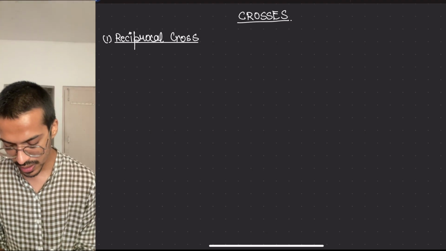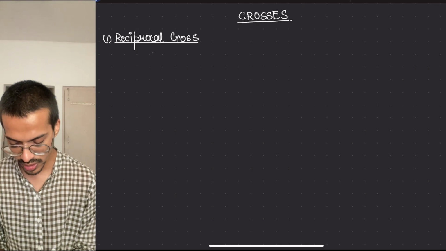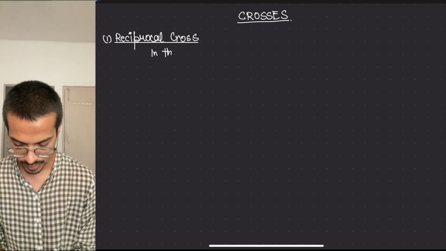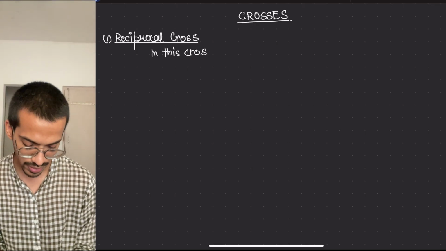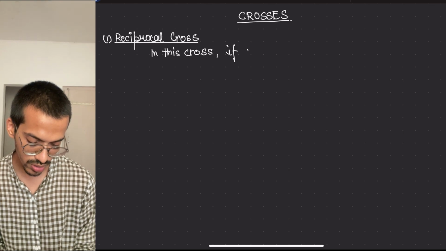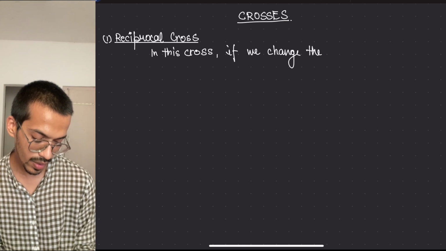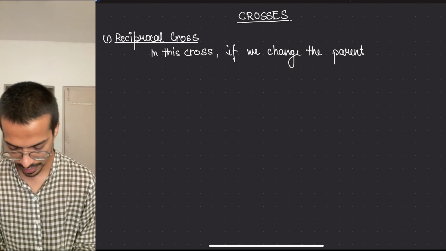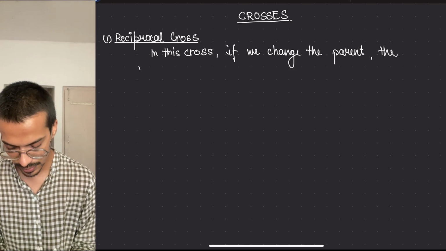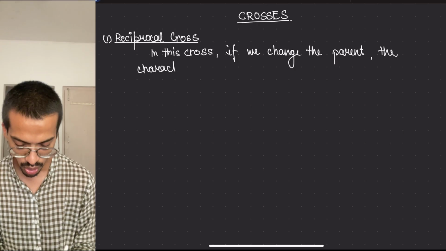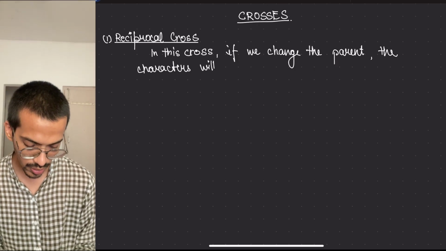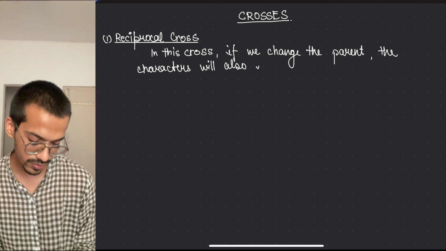So what happened in this cross? If we change the parent, the character will also be reciprocally changed.